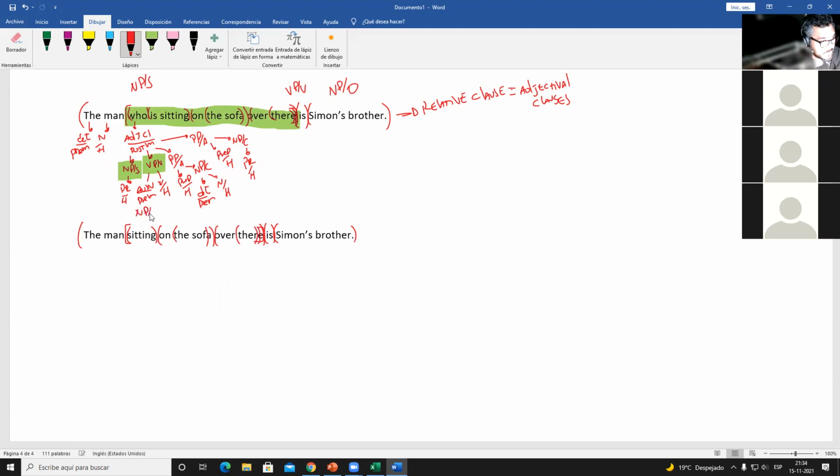This is a noun phrase subject. I'm going to change colors for this. This is a noun phrase subject, a verb phrase verb, a noun phrase object, just like in the previous one. Determiner, pre-modifier, noun head, and here we have our ing clause acting as a post modifier, just like in the other one.